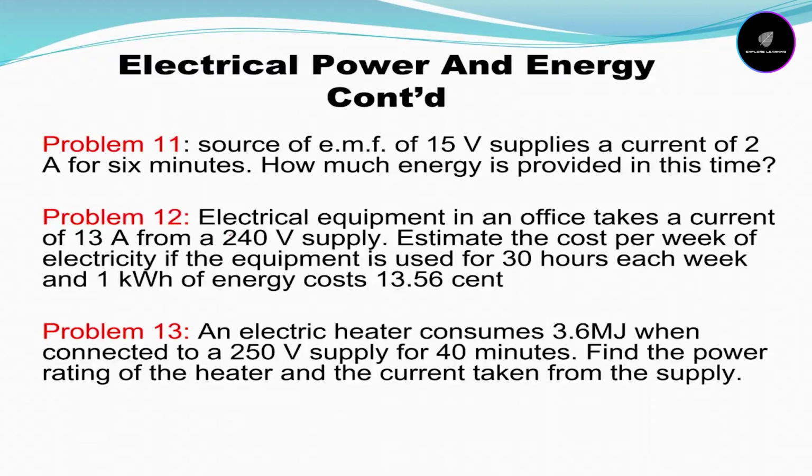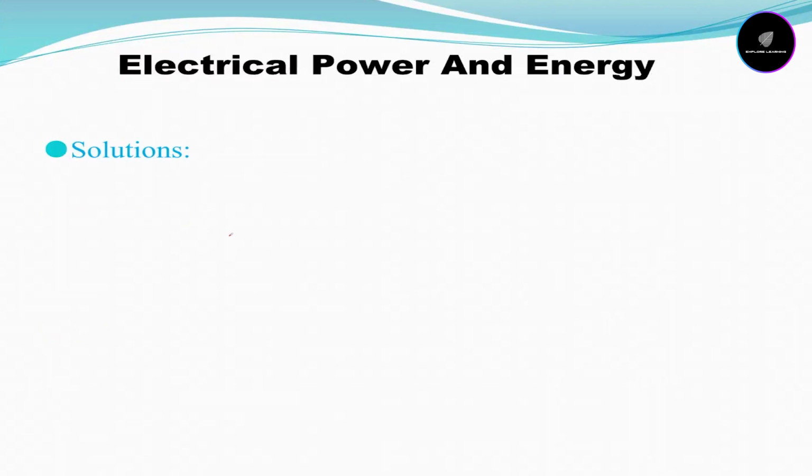Alright, so the next question says, electrical equipment in an office takes a current of 13 amp from a 240 volt supply. Estimate the cost per week of the electricity if the equipment is used for 30 hours each week, and 1 kilowatt hour of electricity costs 13.56 cents. Now don't forget that 100 cents equal to $1. Let's solve this problem.